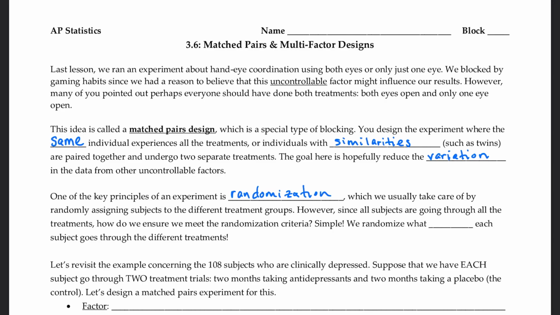But we have a simple solution: we randomize the order in which each subject goes through the different treatments. If we redo the hand-eye coordination experiment, rather than randomly assigning you to both eyes or one eye, I would randomly assign you to both eyes first, followed by one eye, or one eye first, followed by both eyes. That's the randomization element for us.